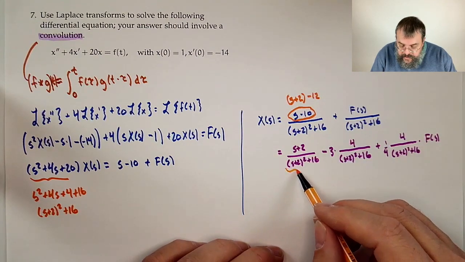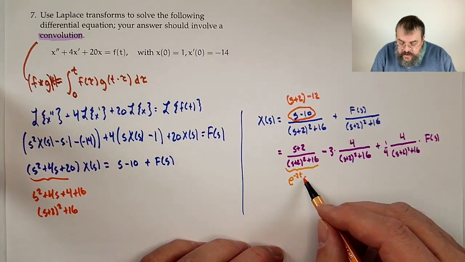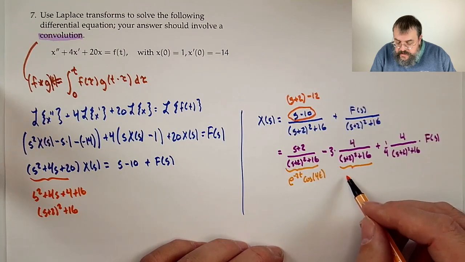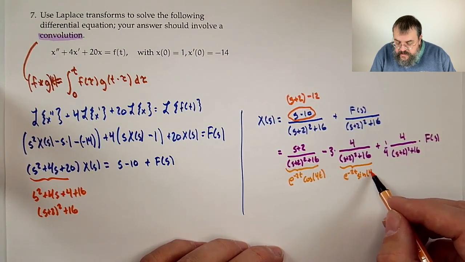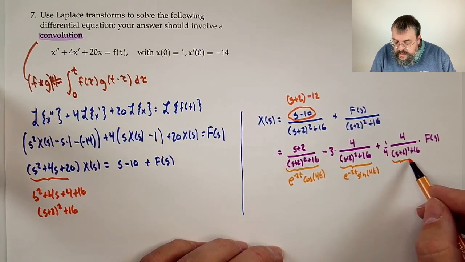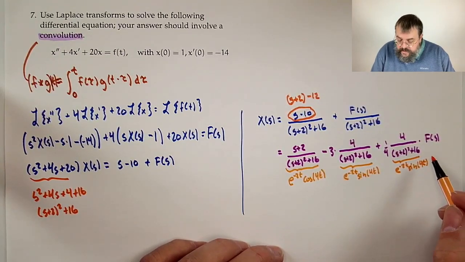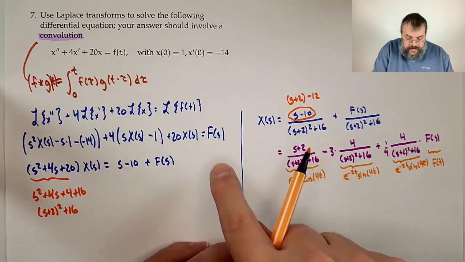So this part right here, this is e to the minus 2t cosine 4t. Here, you have e to the minus 2t sine 4t. And again, this is e to the minus 2t sine 4t. And I'm talking about the inverse Laplace. And this f of s would be f of t. Right? Because that's where it came from.